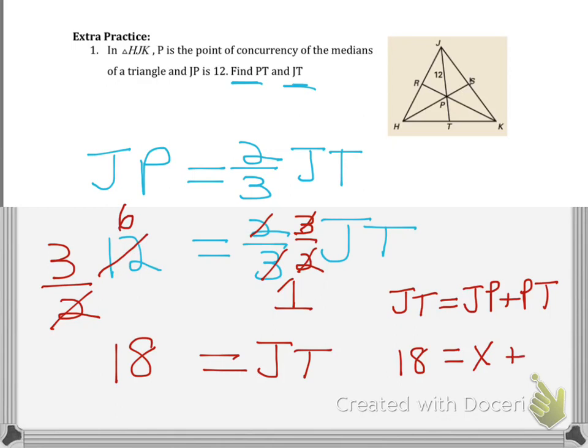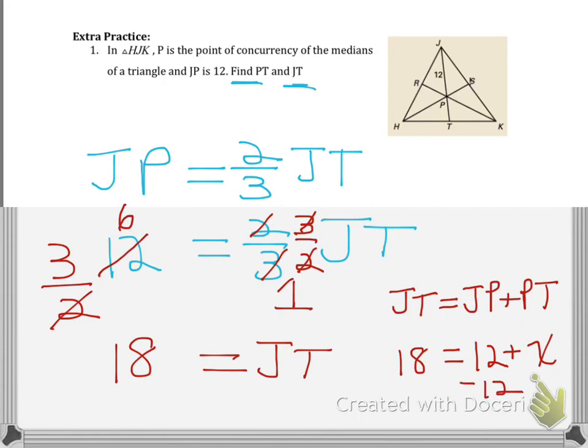Excuse me, let me backtrack. I think I lost my head. Okay, JP was the number they gave us, which was 12. They would like us to find PT. That's where I'll put the x. You have a one-step problem.